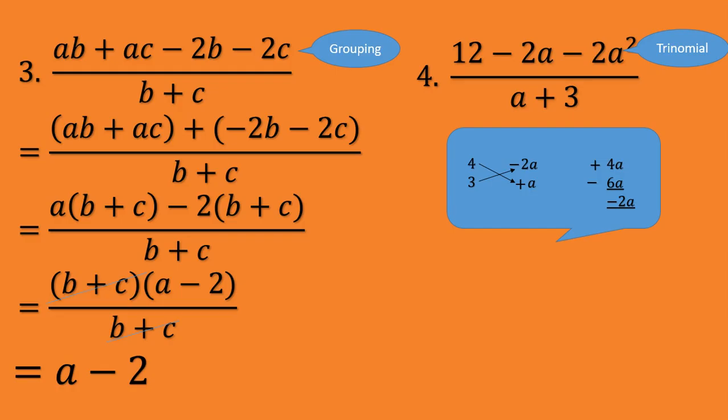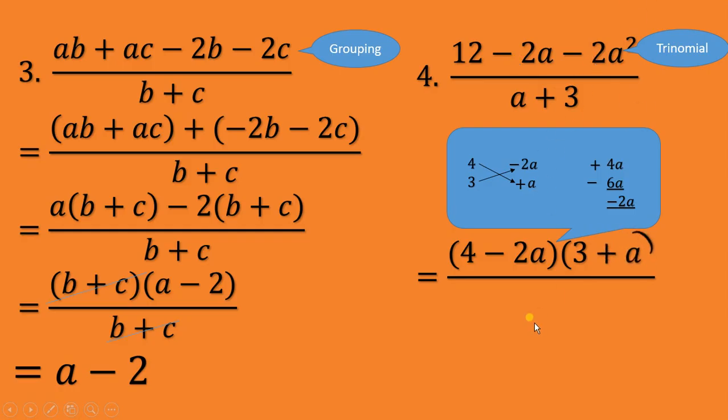So our factors will be 4 minus 2a as our one bracket, and 3 plus a will be our next bracket when we factorize. We still have at the bottom a plus 3, and if we now take a plus 3 and we see here 3 plus a, no difference between a plus 3 and 3 plus a, they are the same, so they can cancel.